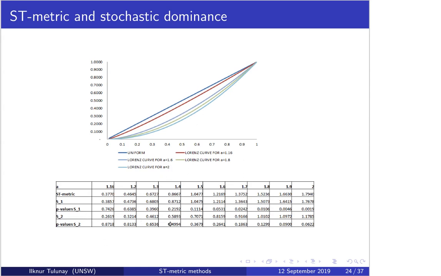S2 is stochastic dominance method 2. And here what I would like to show is that by taking the a values 1.16, 1.2, 1.13 and up to 2, I've calculated the ST metric values.